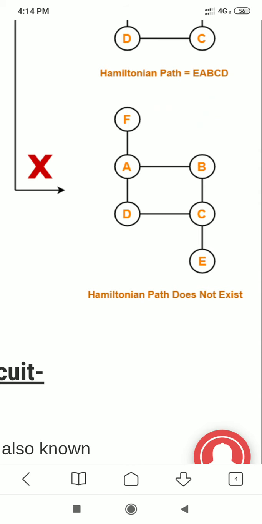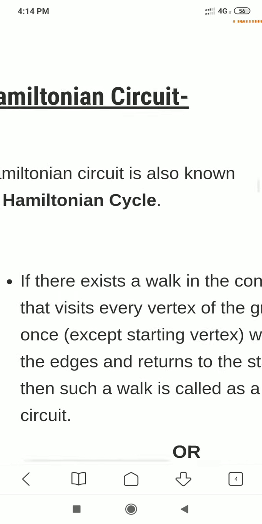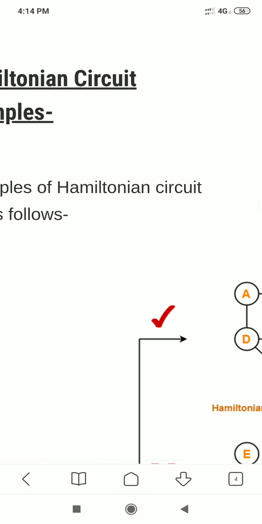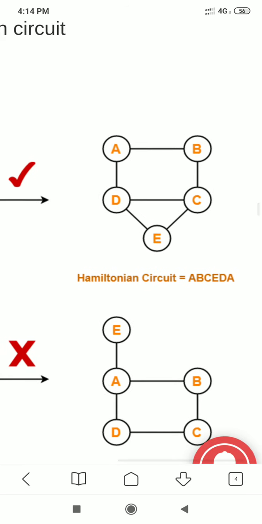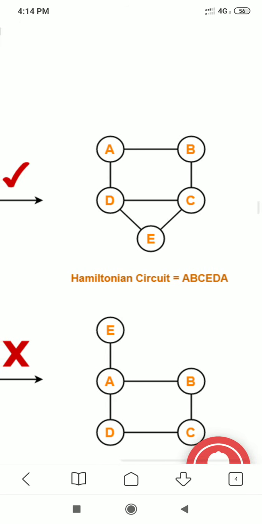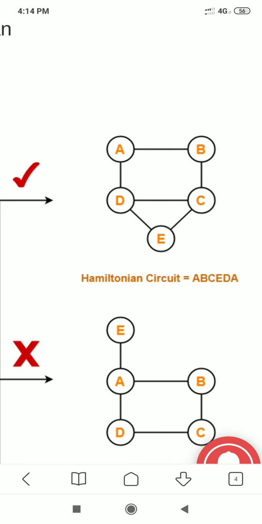I will not mention here the difference between a path and a circuit or cycle, as you know it well. Now we are going to learn the Hamiltonian cycle. The same graph is considered, and in that case you will find a Hamiltonian cycle for the first graph.